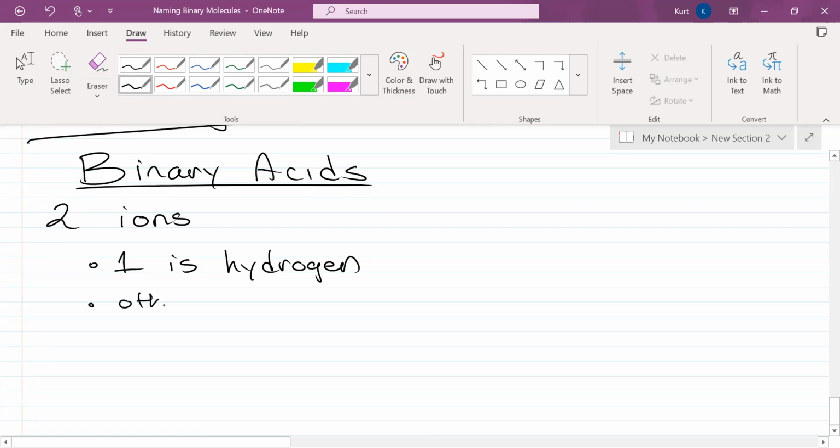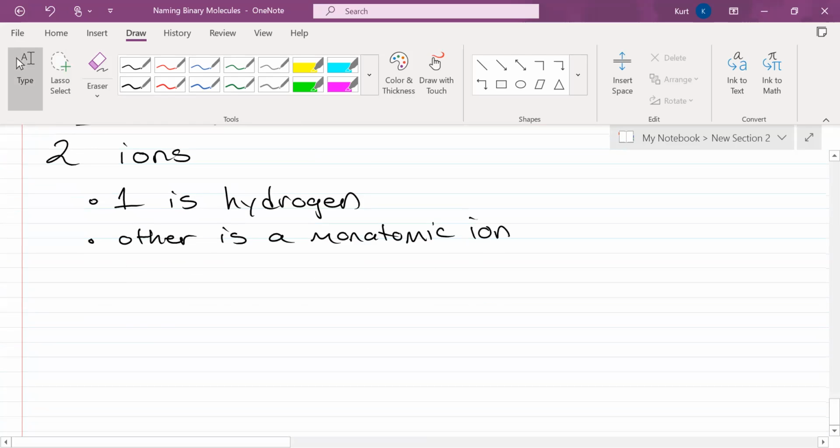The other is a monatomic ion. You find it on the periodic table. It's a lone element. The key here, guys, is that there's no oxygen in these.